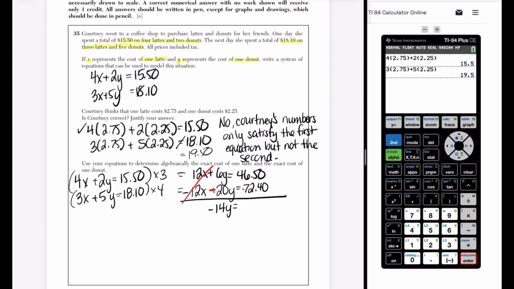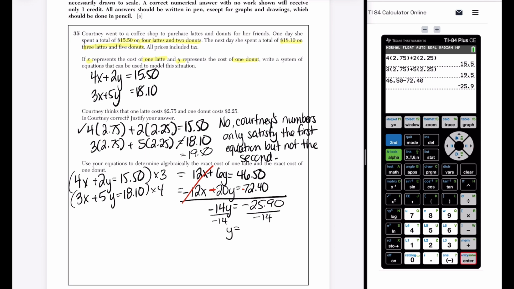And if you're not sure how, you can literally just use your calculator. 46.50 minus 72.40, and you get negative 25.90. I want to get rid of the x's because now I can solve for y. I can divide both of these by negative 14.